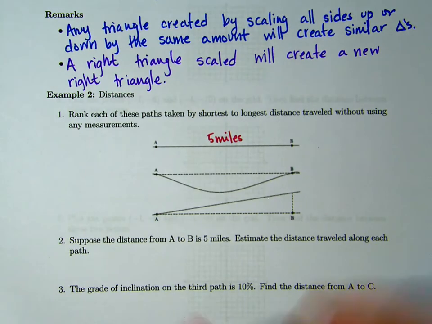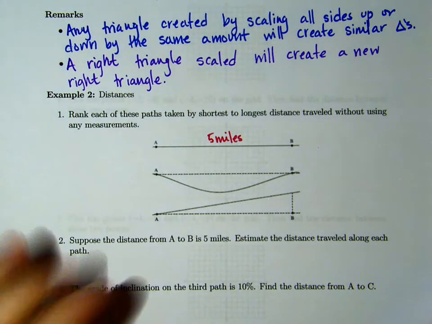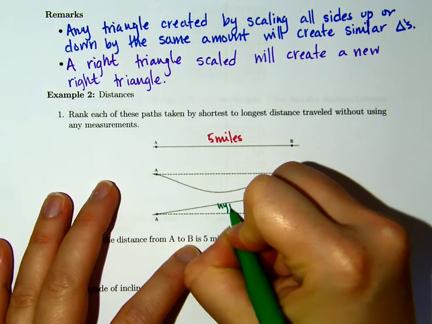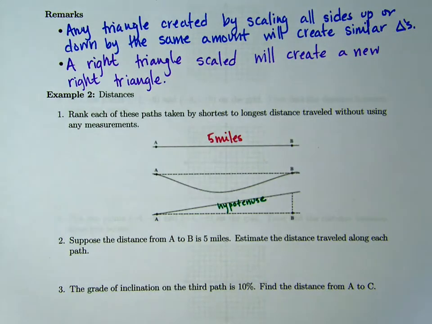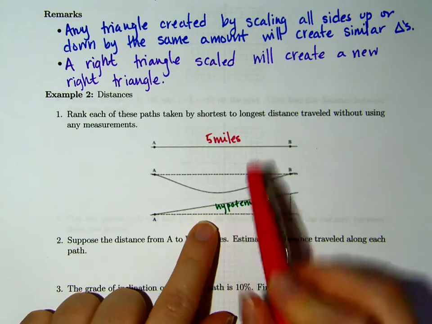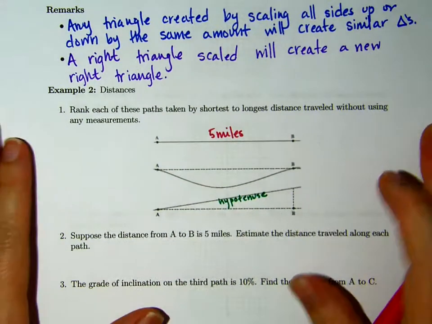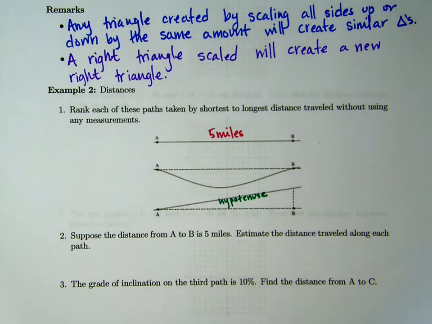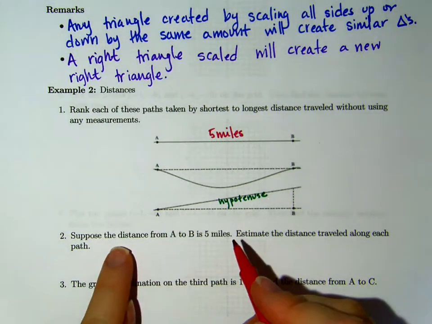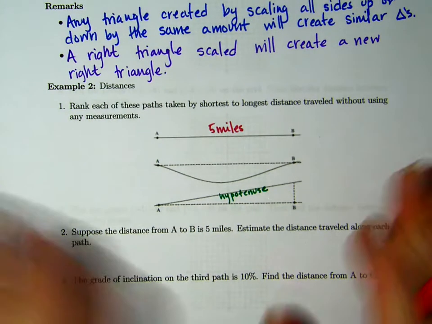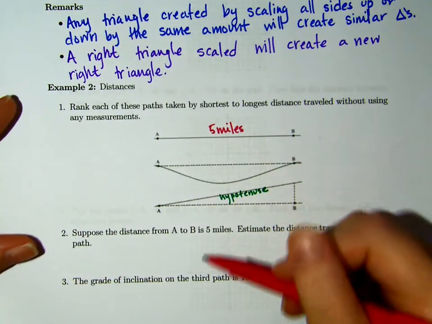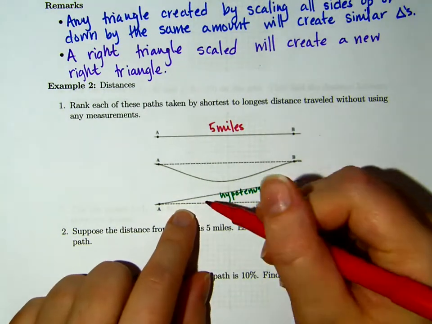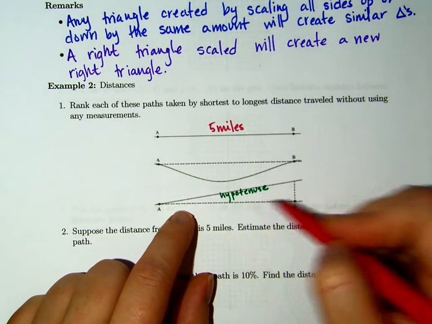So I know immediately that this is a hypotenuse, and that it is the longest side. So I know that this one is definitely longer than the top one without any measurements. I'll write it as number 2. So this is a hypotenuse, meaning that it definitely is longer.